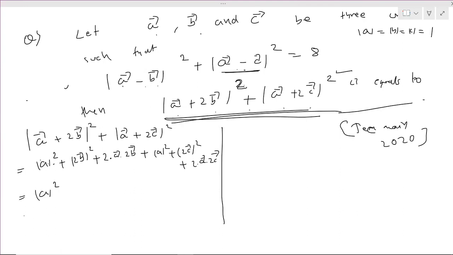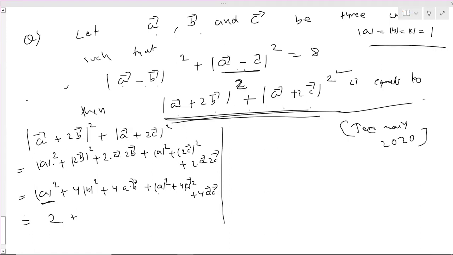So mod A square plus 4 mod B square plus 4 A dot B plus mod A square plus 4 mod C square plus 4 A dot C. So A square plus A square is 2, because mod A square is already given as 1. 4B square is 4, plus 4C square is 4.